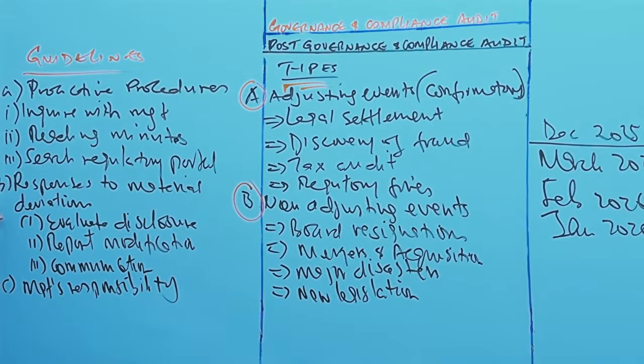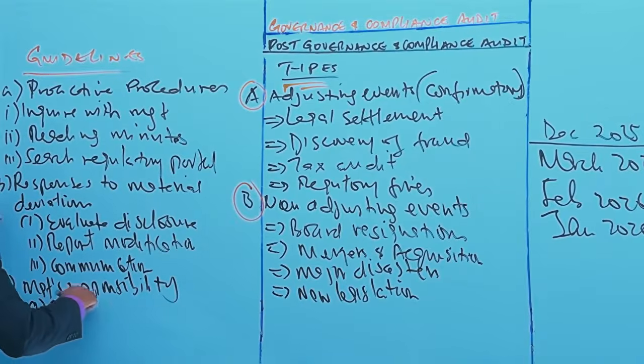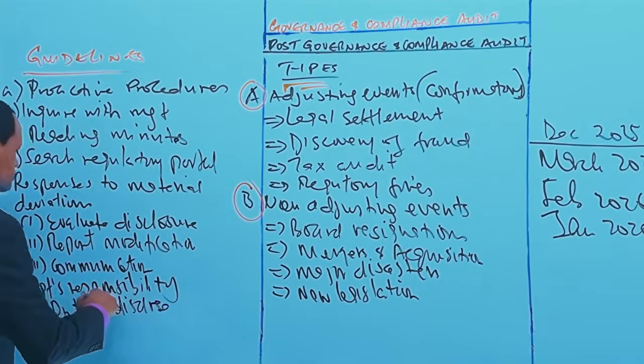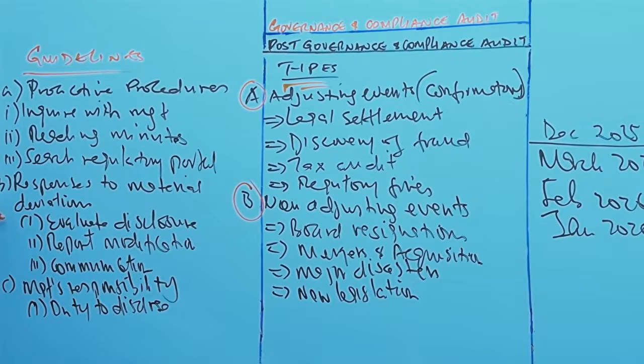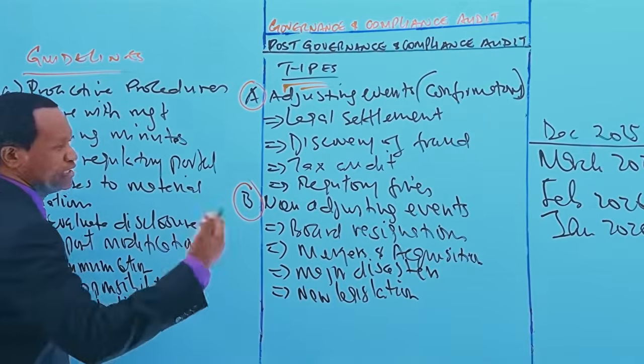So the management have a duty, first of all, to disclose. The management must proactively notify the auditor of any significant fact that comes to light before the report is issued.